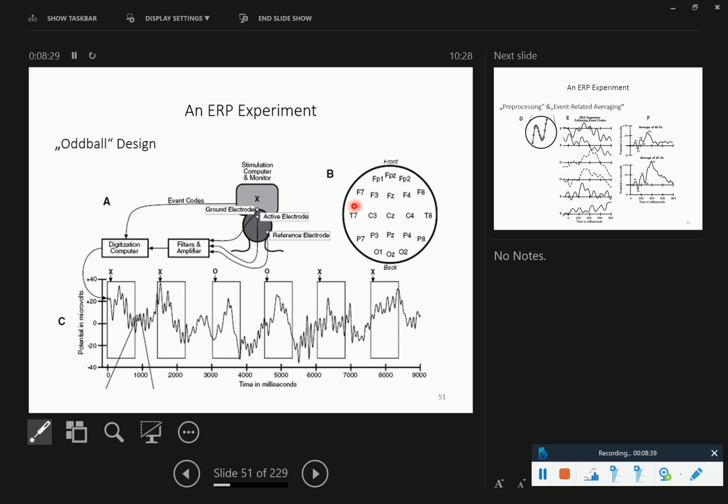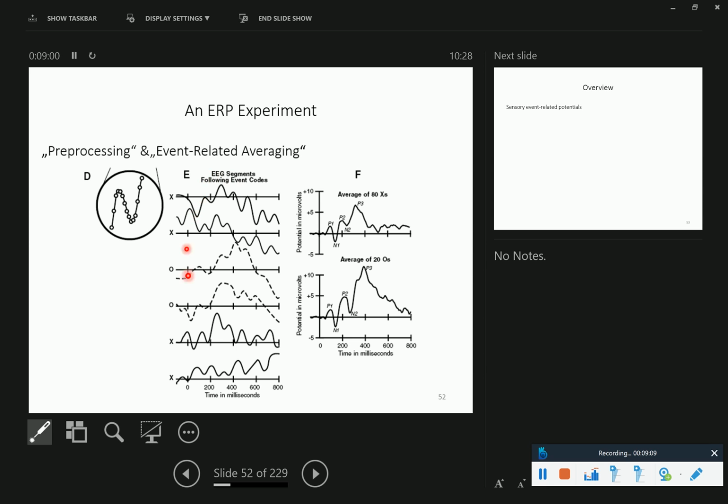We will look more closely at how you set up this and the whole setup in later stages. And then the idea of event-related potentials is that you know the time when a stimulus was given, and then in the post-processing of the data, you can cut out these respective time points, which leaves you, for a specific electrode following a specific event code, with these traces, and then you can average them together.